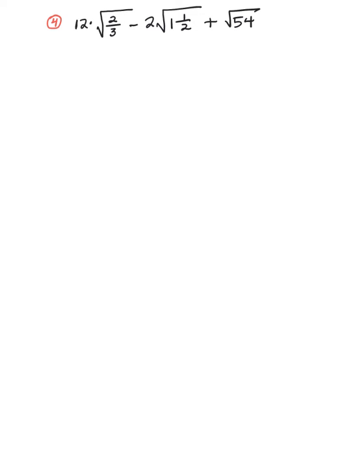Another one is the square root of 2 times 8 times the square root of 2 minus 2 times the square root of 8 minus 3 times the square root of 32.